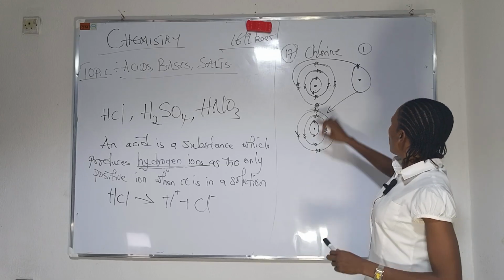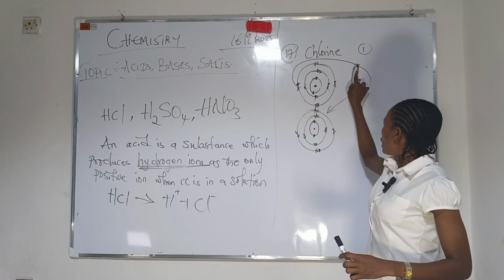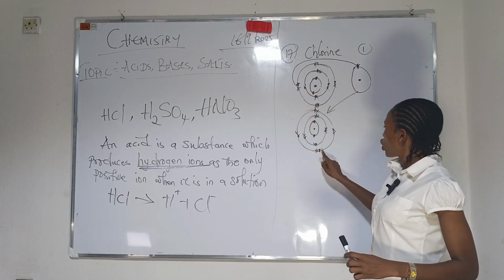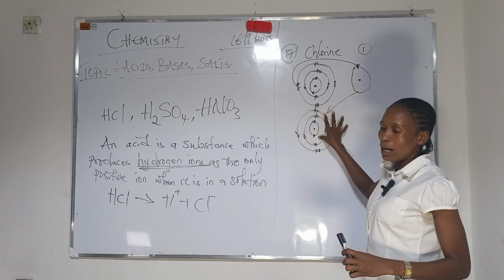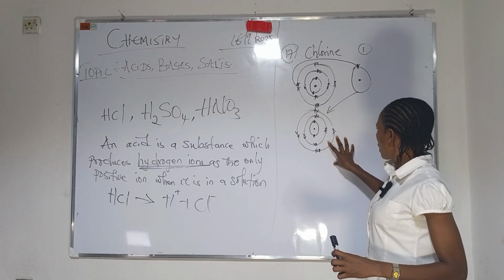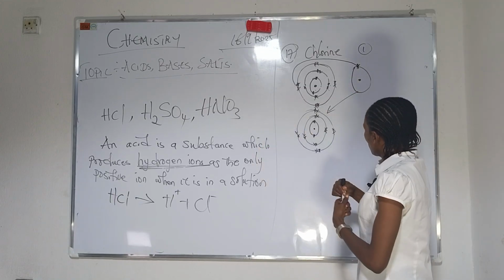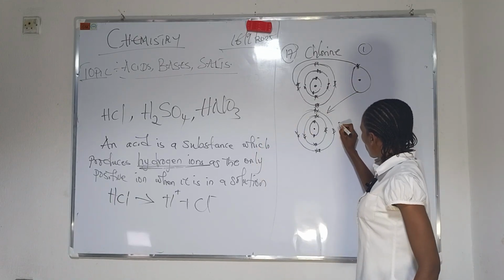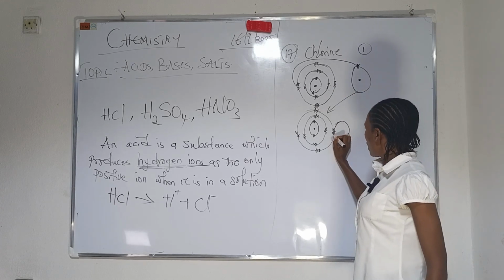As you can see, hydrogen has easily released its one electron to chlorine, making this now 8, complete and stable. Whereas for hydrogen, there is nothing disturbing it. They form together, please. In case you see it in your textbook, it will come this way. Are you with me? It comes together.